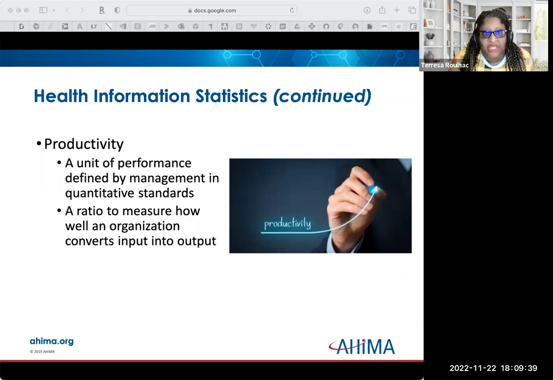For example, the coding section may have a productivity standard that employees should code 4 inpatient records per hour. Or in a 7.5-hour workday, taking into account breaks that employees will take, that would be 30 inpatient records per day.